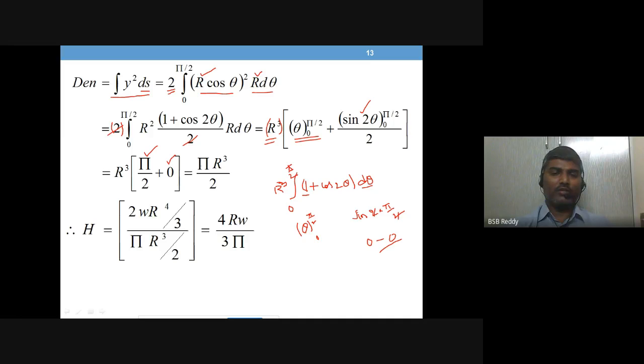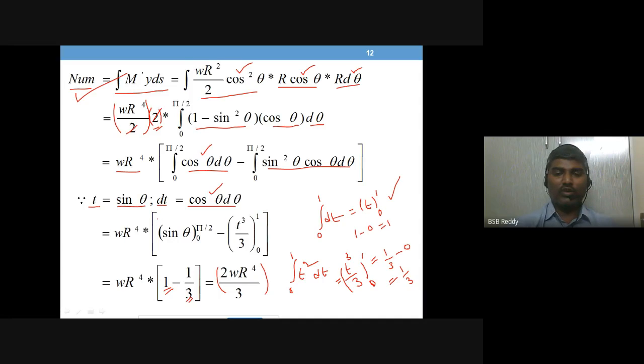So finally what you get is pi r cube by 2, which is the same as the earlier problem we discussed in the previous session. Now substitute the numerator value, 2 w r power 4 by 3.